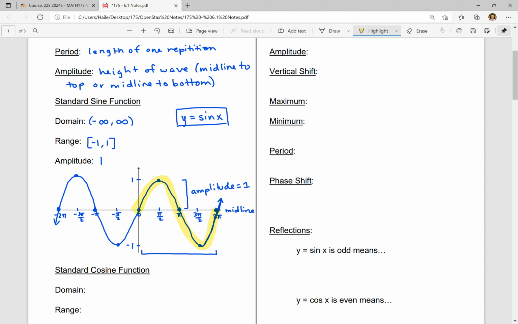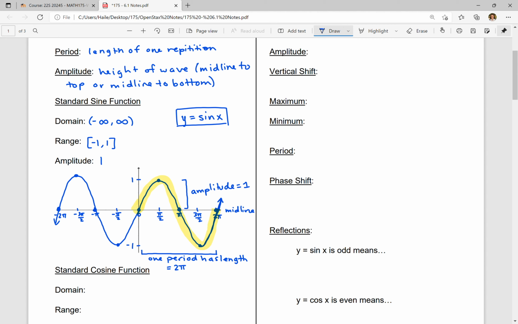So this is what we call that length of one repetition, which is the period. So in this case, one period has length 2 pi. Okay, so that's the sine function.